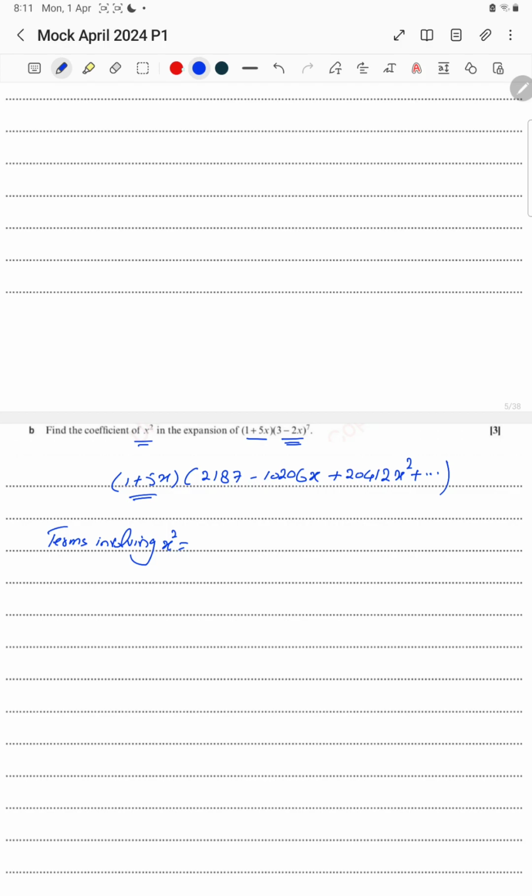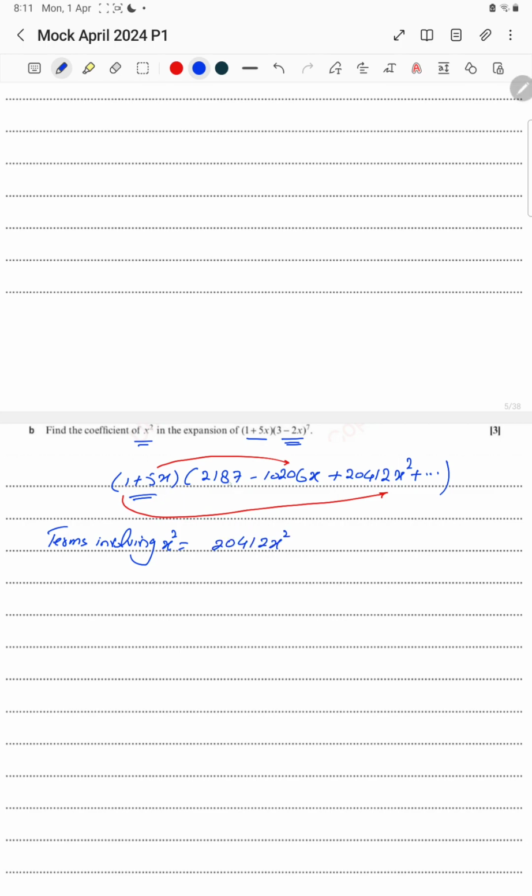If I multiply this one with this x square, I will get an x square term, and 5x with this I will get x square. The rest of the multiplications will give us terms other than x square.